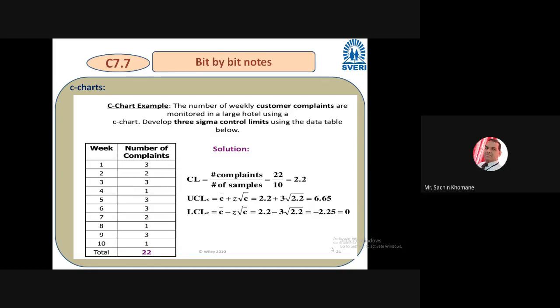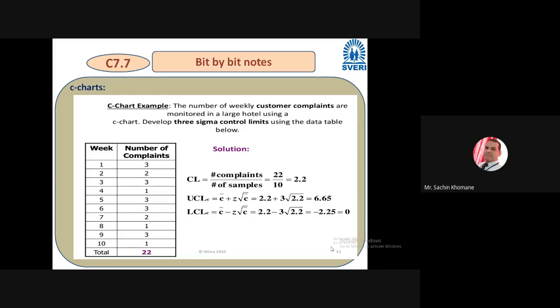Note it fast. Prepare two columns, 1 to 10 for the week, and the number of complaints in another column. So I think you understood, for all the control charts these three things are very important: the central line, upper control limit, and lower control limit.